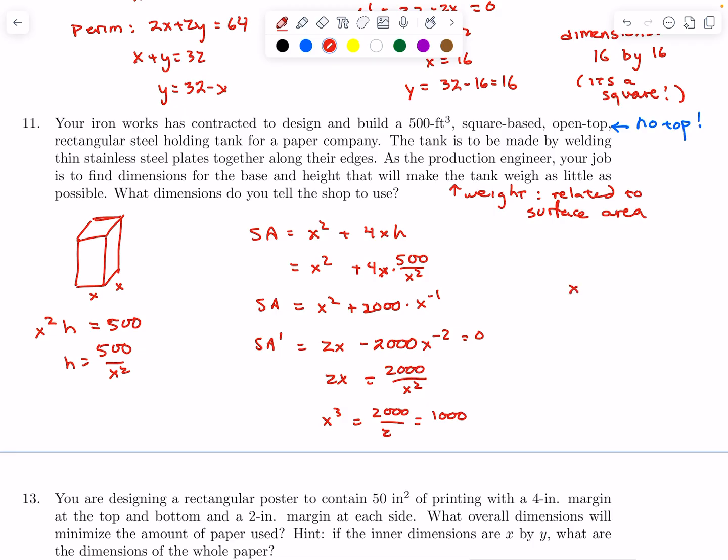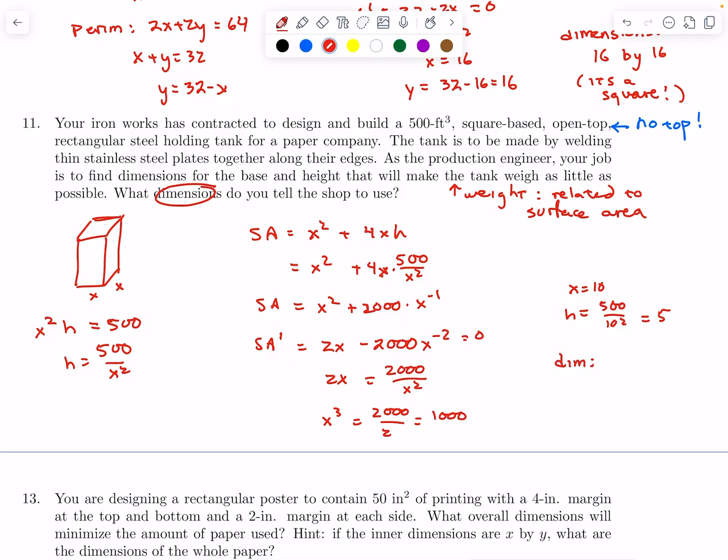So x is 10. Do they want dimensions? Yes, they want dimensions, not the actual volume. Okay. Or the surface area.